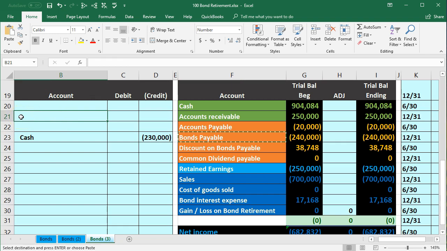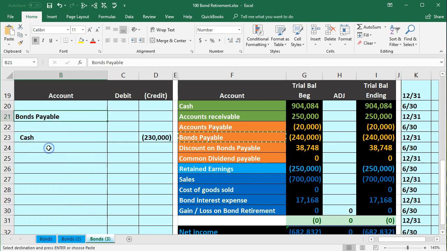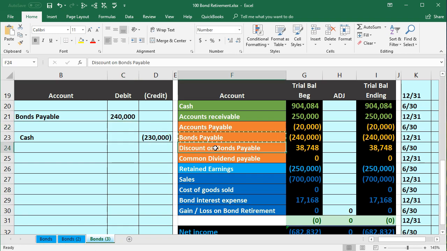And again, I'm kind of just making this work in terms of debits on top. If you're making this from scratch, just do it whatever way makes sense to build it top to bottom. Not worrying about debits or credits going on top. Right click and paste 1, 2, 3. It's on the books for 240. It's a liability with a credit balance. So we got to do the opposite, 240 debit. And then the related discount or premium, this happens to be a discount, needs to go away.